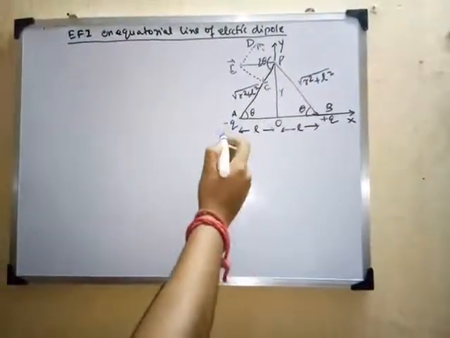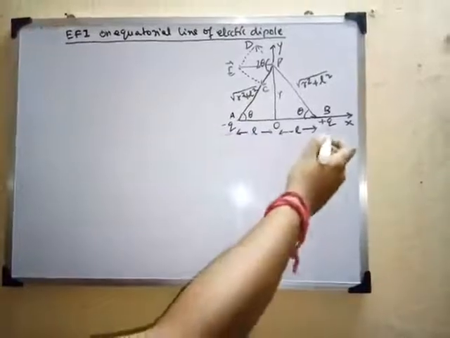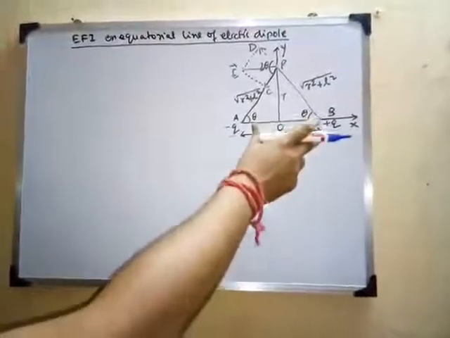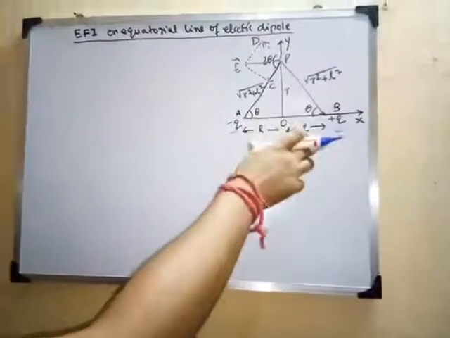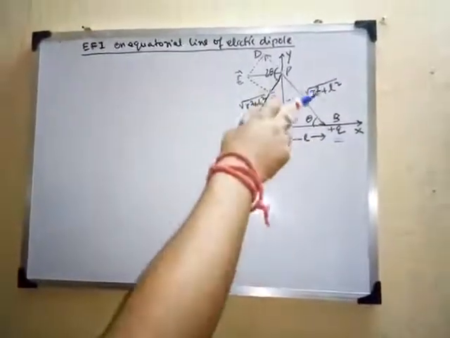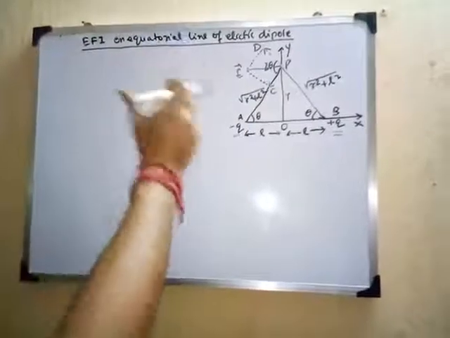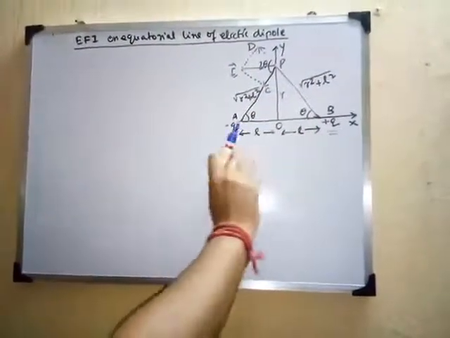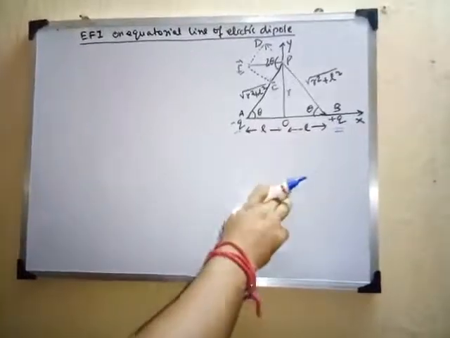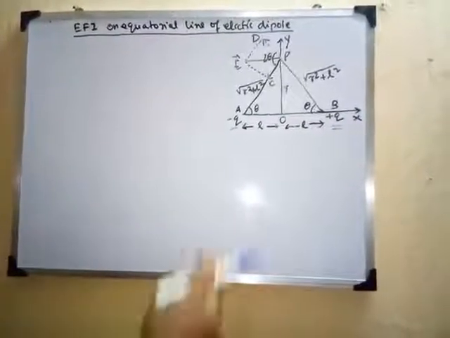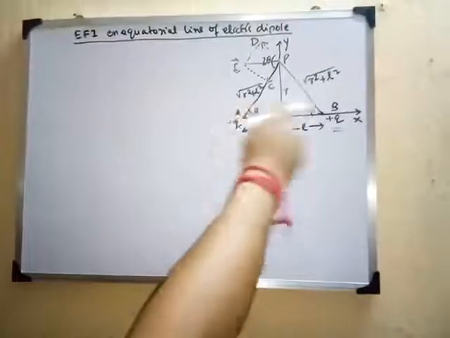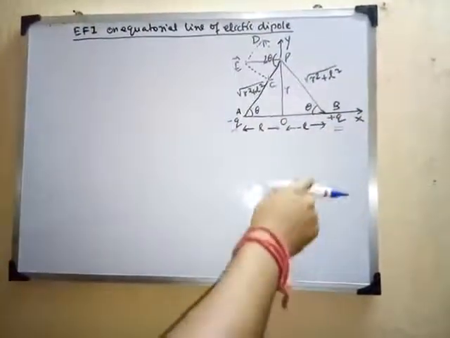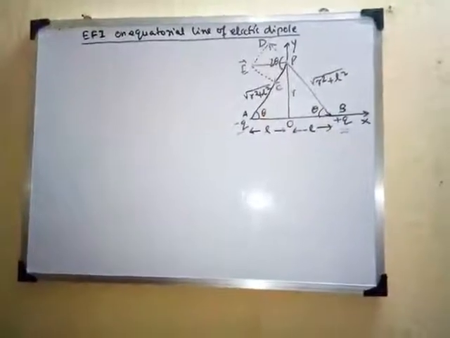The electric dipole is here, you can see minus Q and plus Q. These are two opposite polarity unit charges placed and separated by a distance. So we call this an electric dipole.